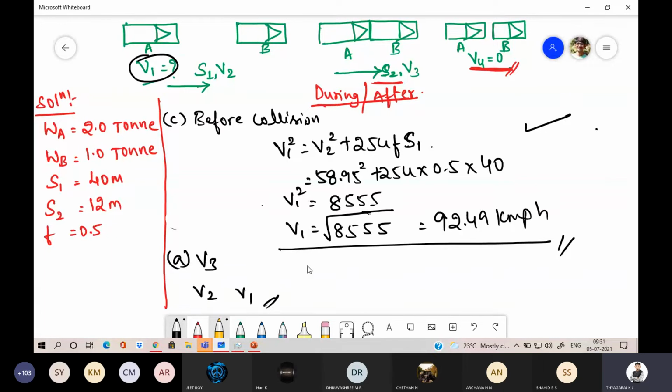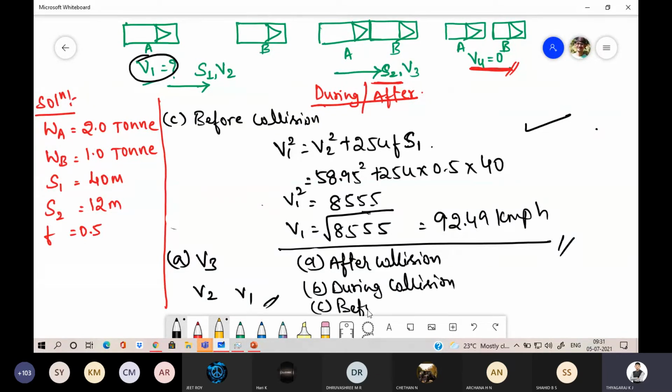That is, the first step is the after collision formula, the second step is during collision, and the third step is before collision. Is the problem easy or difficult? Easy. Okay.